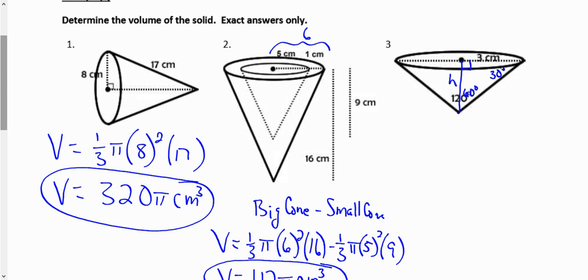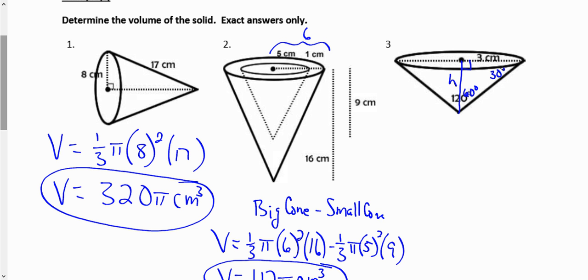So maybe if I identify it as a 30, 60, 90, but the way the picture is drawn, it's kind of tough to tell which one's the long leg and the short leg, because what do you need in a 30, 60, 90? You need the short leg. So how can we identify which goes to the short leg, guys? The long leg's the opposite of the right angle... well, the opposite of the hypotenuse is the right angle.